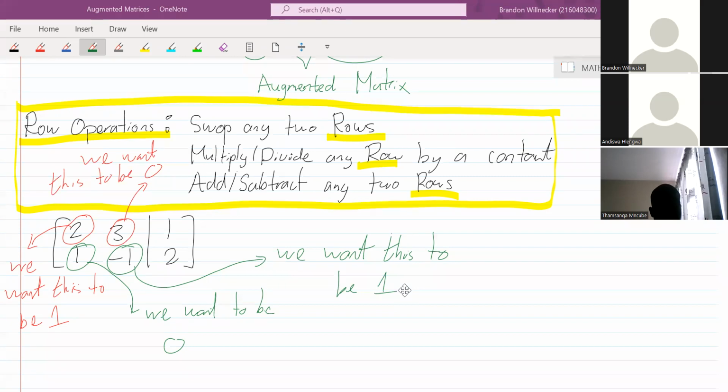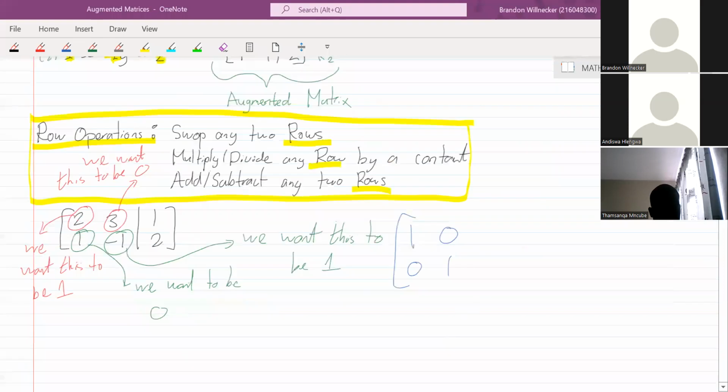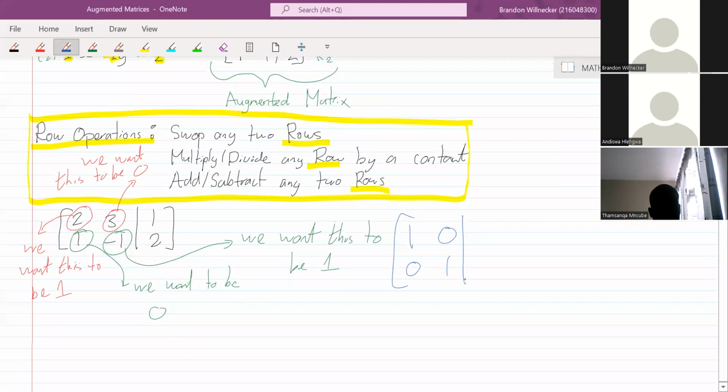Okay, so in the end, we want it to look something like 1, 0, 0, 1. With our solution, if you remember from last time, was 7 over 5 and minus 3 over 5. Okay, so that is our solution as an augmented matrix. We can write this as a system of equations again, because remember the first column was x, the second column was y, the first row was our first equation, the second row was our second equation.